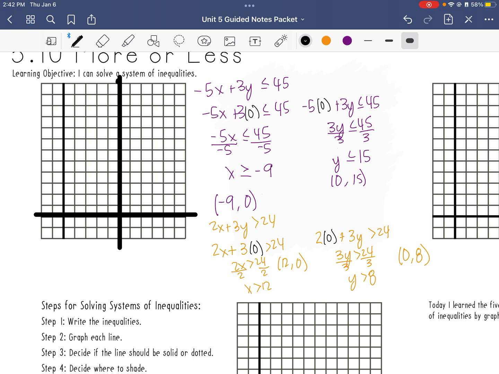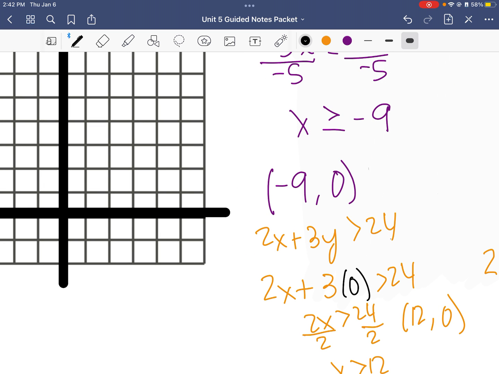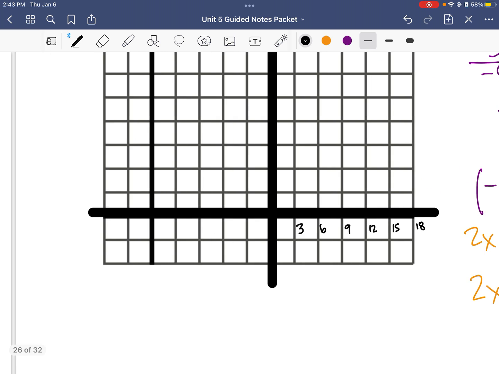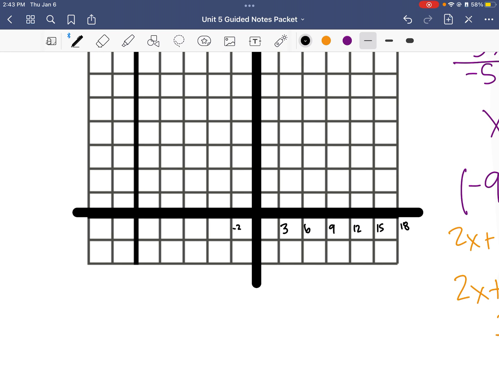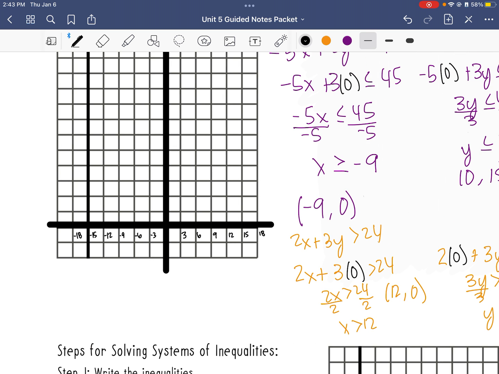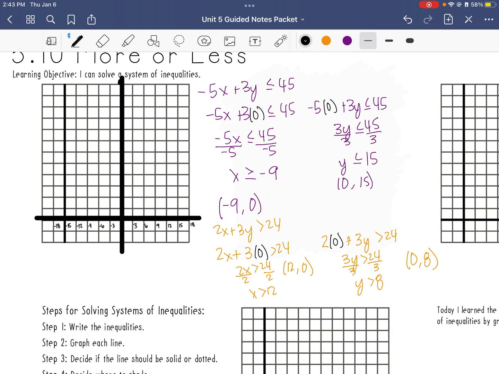So for x, let's count by 3s, I think will be good. So 3, 6, 9, 12, 15, 18. Or if we go the other way, negative 3, negative 6, negative 9, negative 12, negative 15, negative 18, etc. Now for y's, we don't need negatives, but we do need to be able to get up to 15.